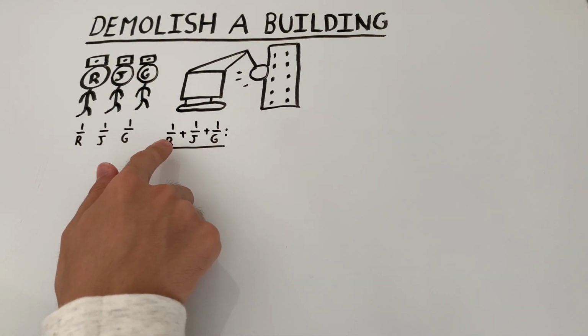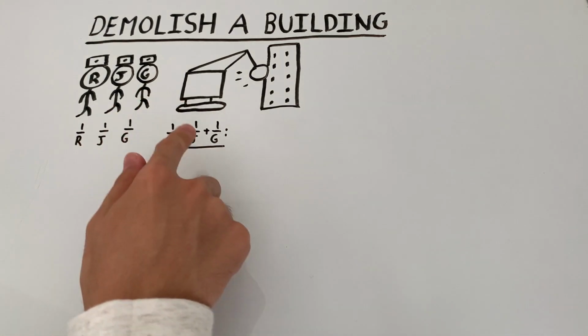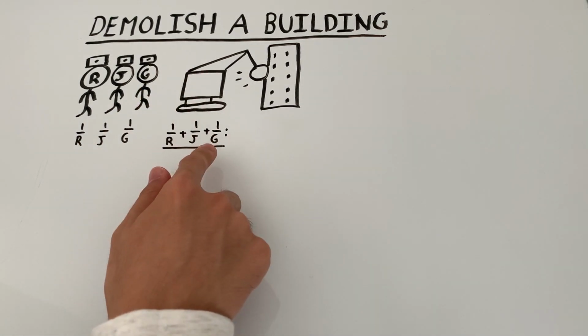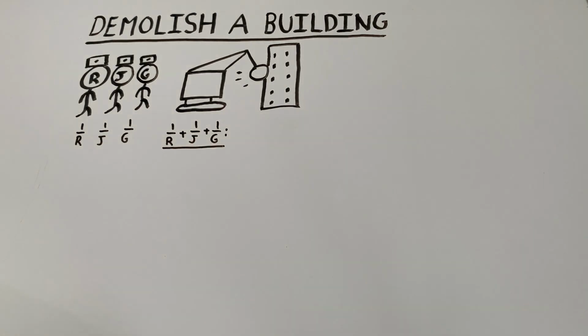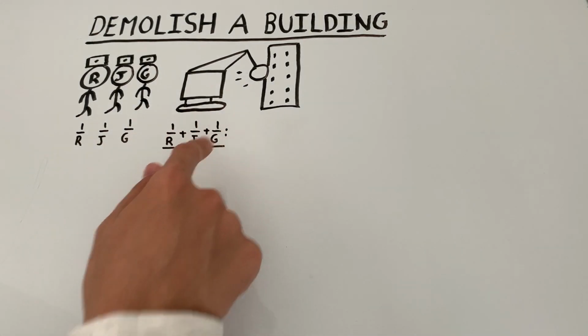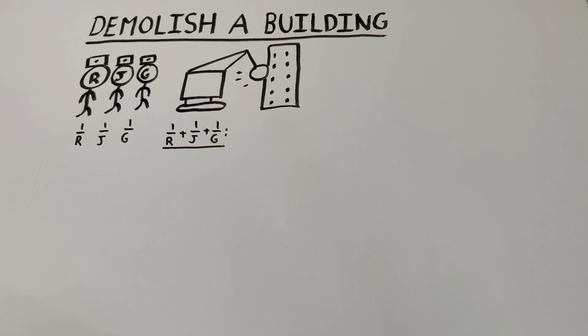Because this is how much of a building Rachel destroys each day, this is how much John destroys, and this is how much George destroys, then together, this sum is how much all 3 of them destroy each day.